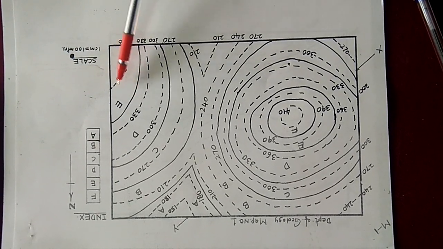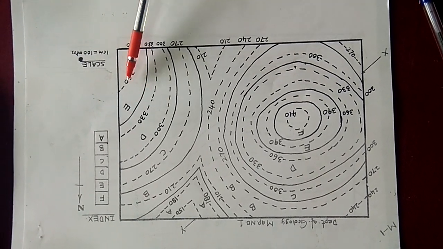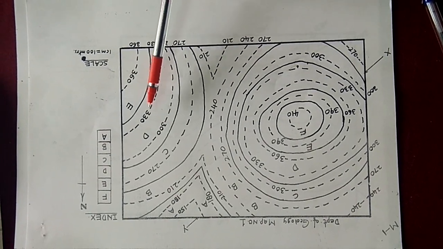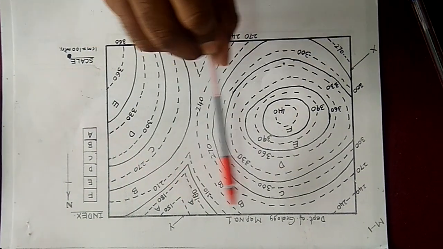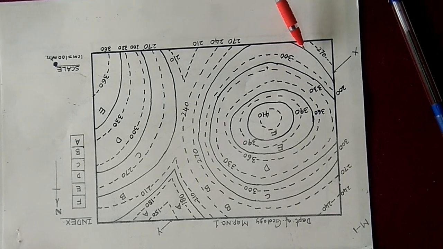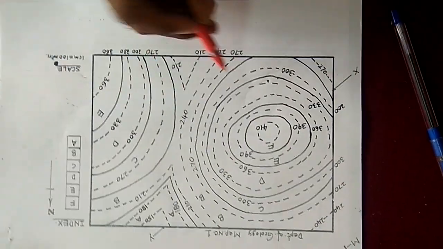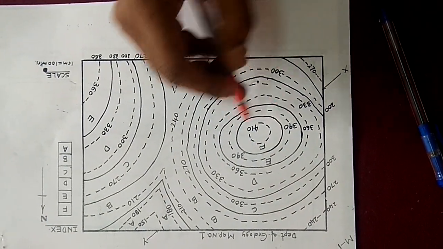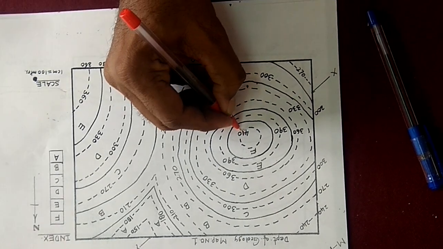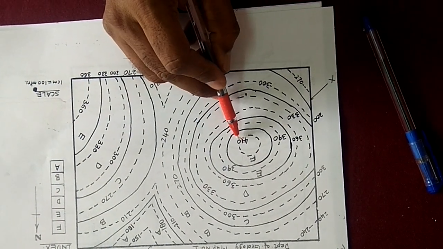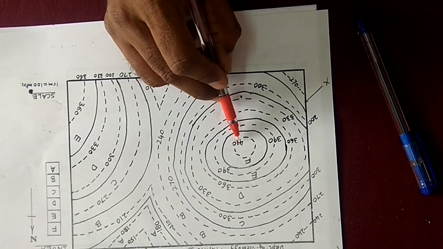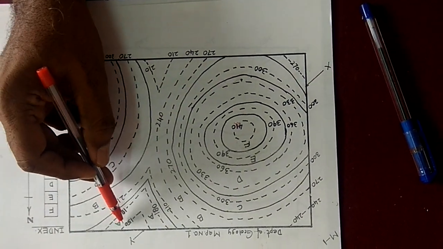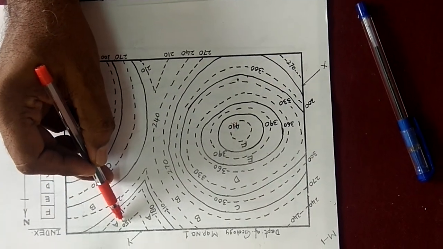So this is nothing but the contour interval. The contour interval is 30. And in this map, the highest value I get over here, 390, means it is supposed to be 420 meters height. This is the peak area. And the lowest, somewhere here, is 150 meters.